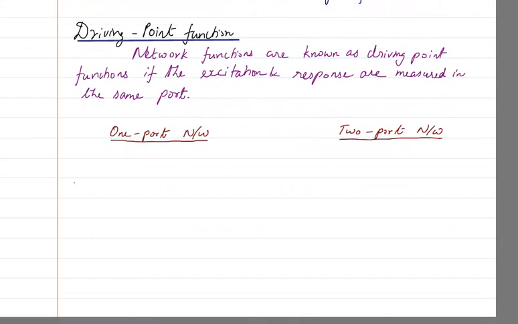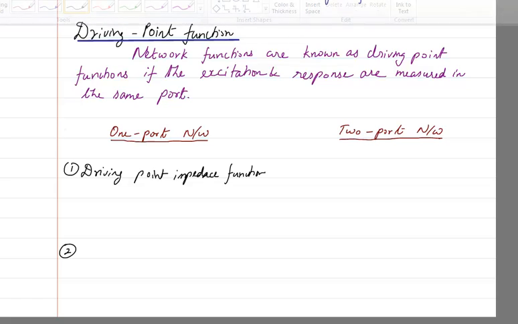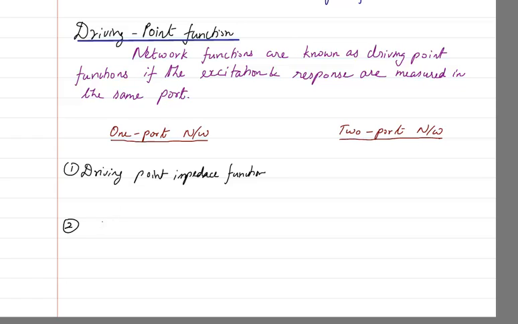So there are only two relations that can be there. One is called the driving point impedance function, and the second one is called the driving point admittance function.